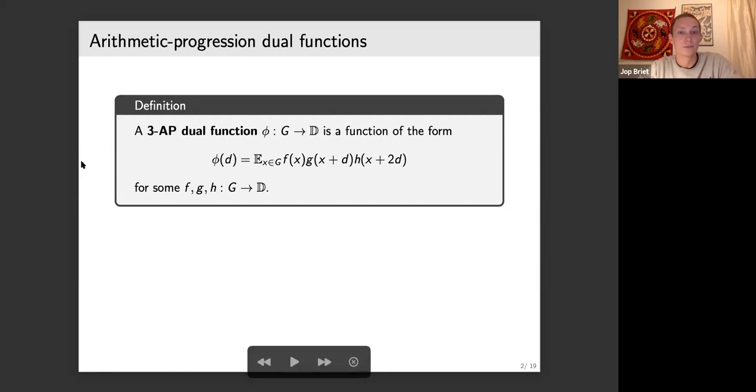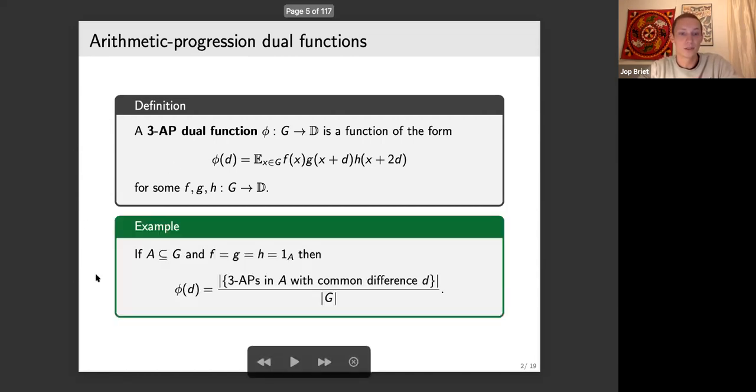An example of a 3AP dual function is one given by the indicators of some subset of your group. So A is a subset, and f, g, h are just the indicator of this subset. Then the corresponding dual function evaluated at some common difference d will simply give a count of the number of 3APs in your set whose common difference is d.